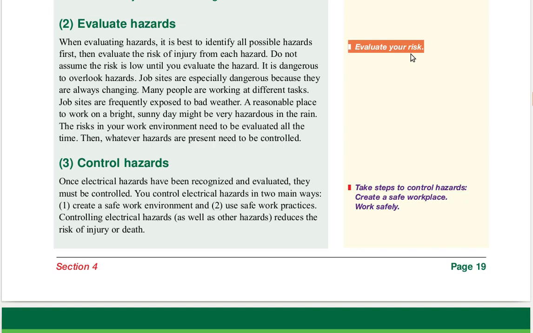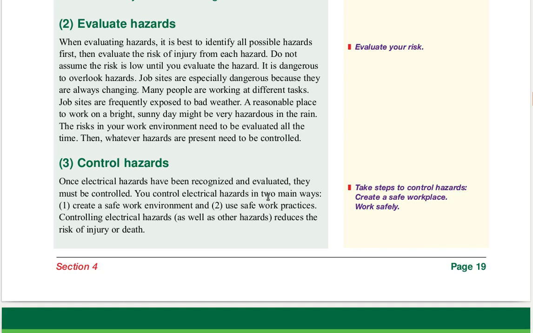Evaluate your risk. The third element is to control the hazard. Once electrical hazards have been recognized and evaluated, that means once you see them and you examine them for their potential dangers, they must be controlled.